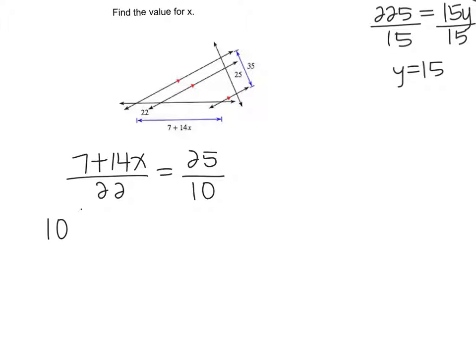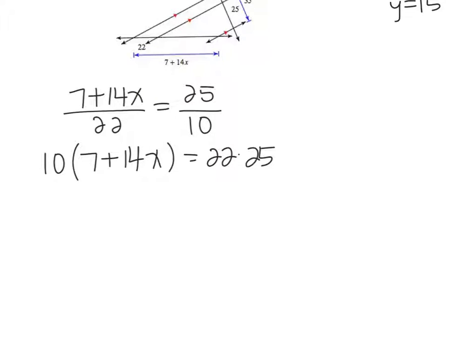So cross products gives us 10 times 7 plus 14x equals 22 times 25.